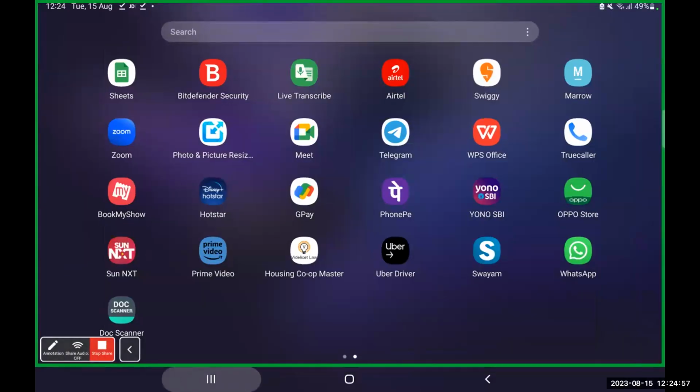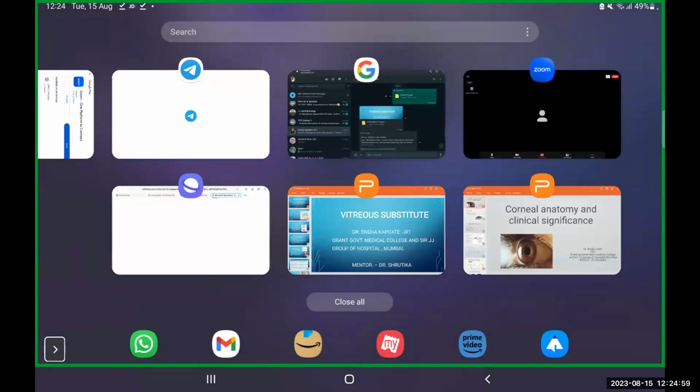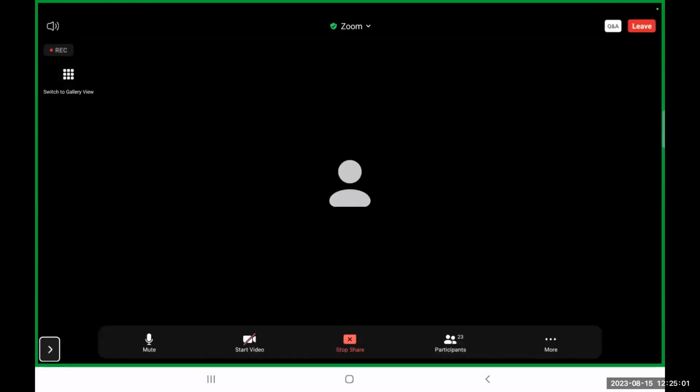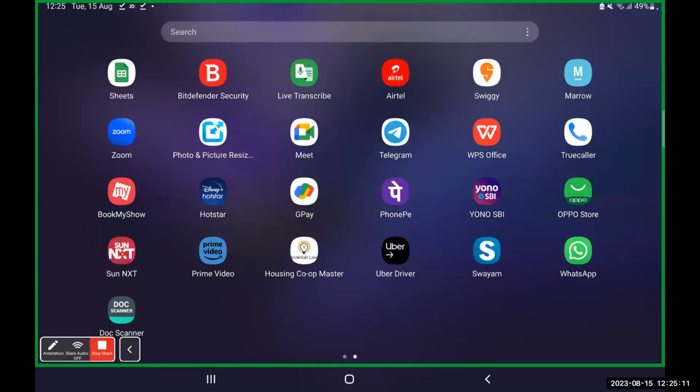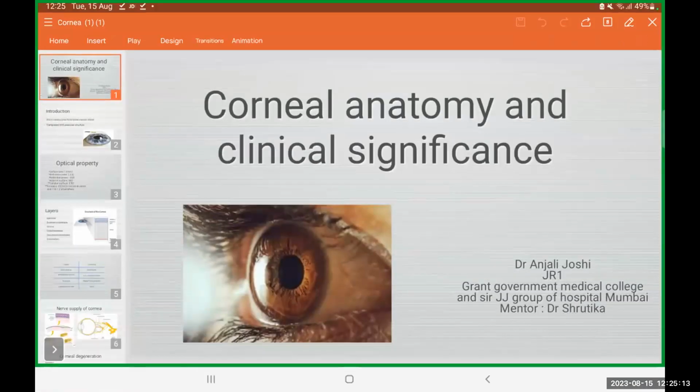We can see some screen coming up. Okay, the corneal anatomy has come. Your time will start now. We can see your screen. You can start.